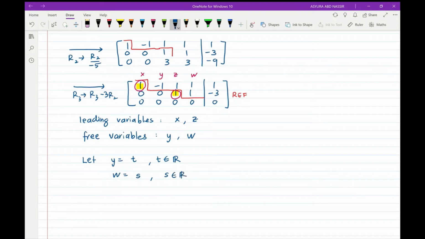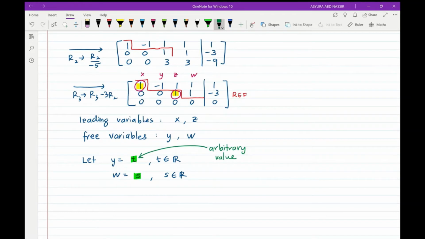This is what we call an arbitrary value. So we assume the free variables to be any values in the form of t and s.